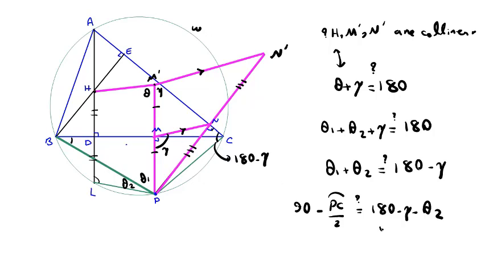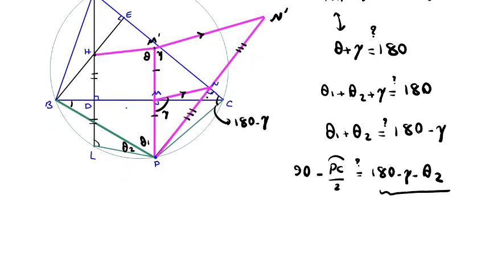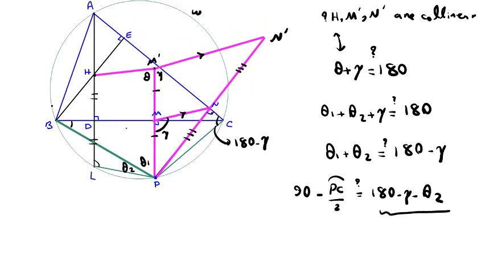So if I want to write exactly, this angle is what? 180 minus gamma is what? This arc, arc AB plus BL plus LP all over 2, minus theta 2 is minus BL over 2. So we can cancel these two things.